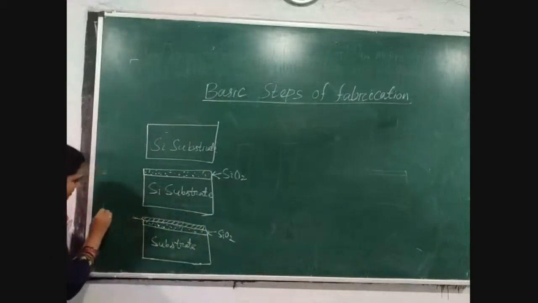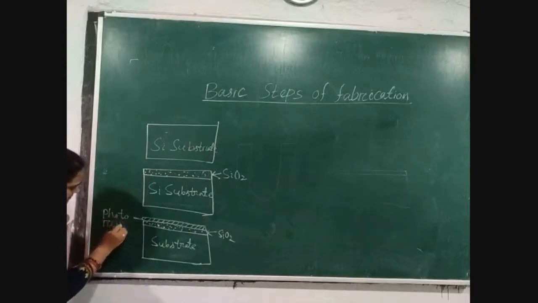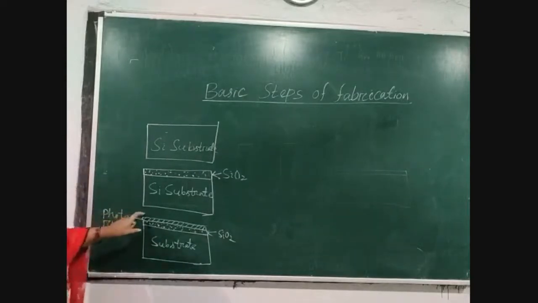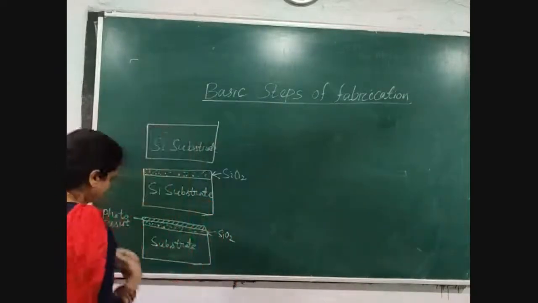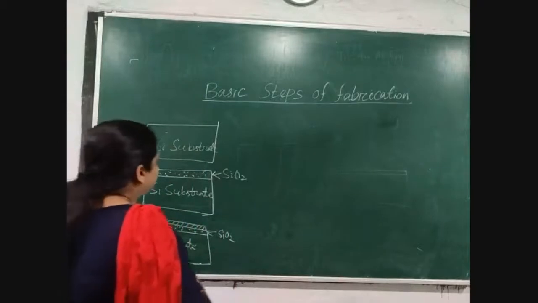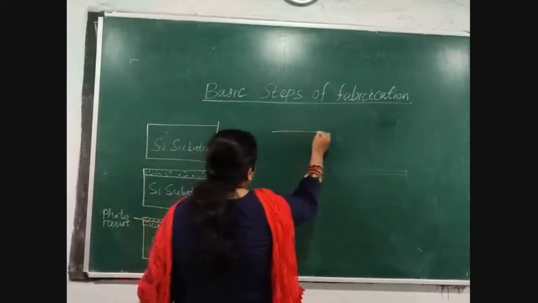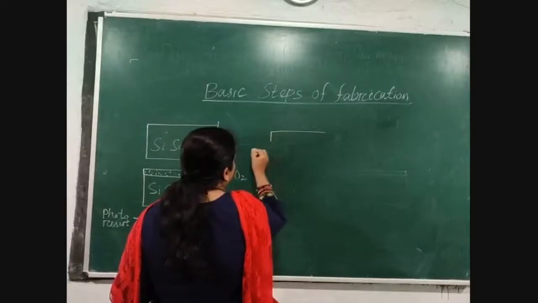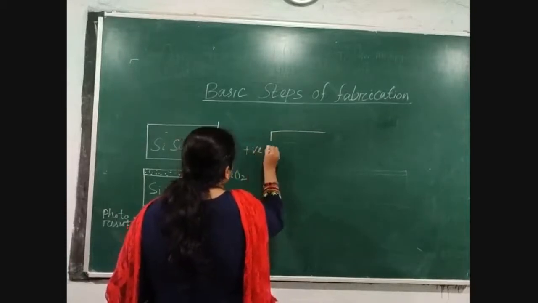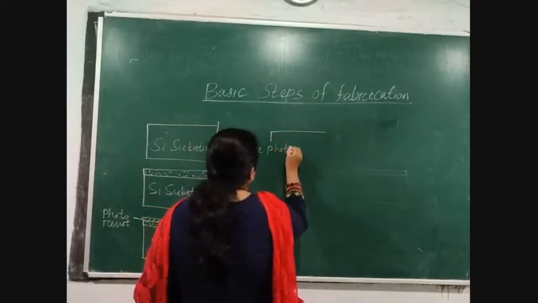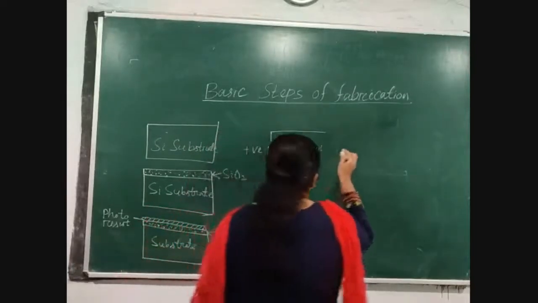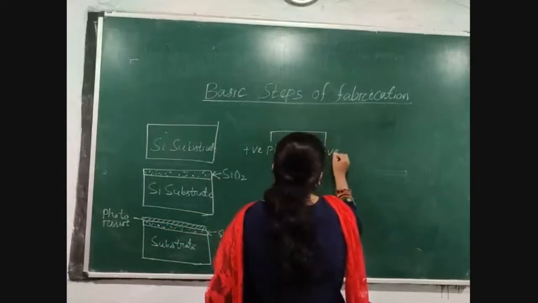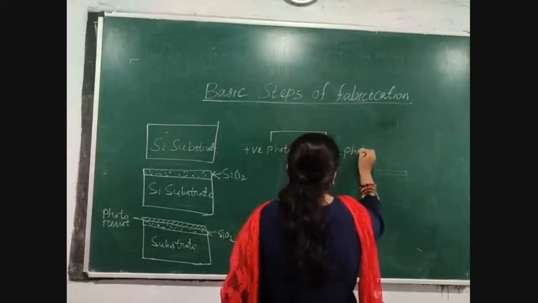This one is the photoresist. So photoresist is a light sensitive material, and photoresist is of two types. One is positive photoresist, second one is negative photoresist.